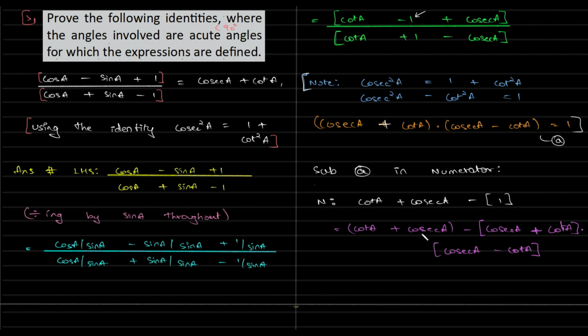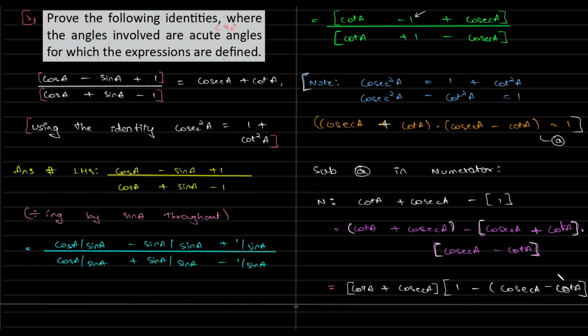So now cot A plus cosec A is common in both the terms. If you want to understand where the terms are, this is your first term and this into this is your second term. So we have cot A plus cosec A, that is common, and you are left with 1 minus cosec A minus cot A, right?